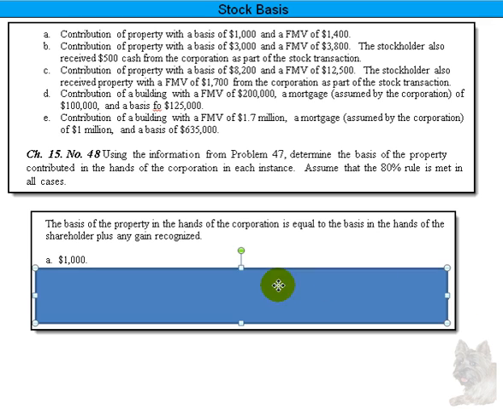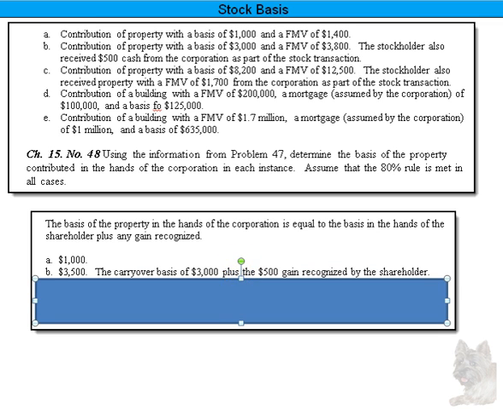The basis becomes $1,000. In B, where we're talking about property with a basis of $3,000, fair market value of $3,800, and the stockholder receives $500 from the cash contribution, then the basis becomes the $3,500. The basis of the party contributing, plus the gain that was recognized by the shareholder.